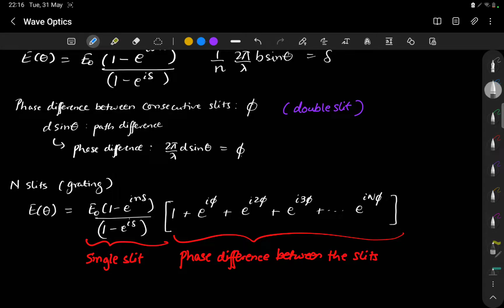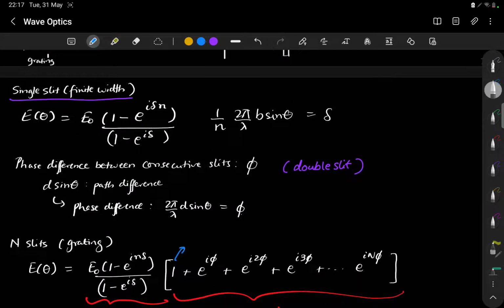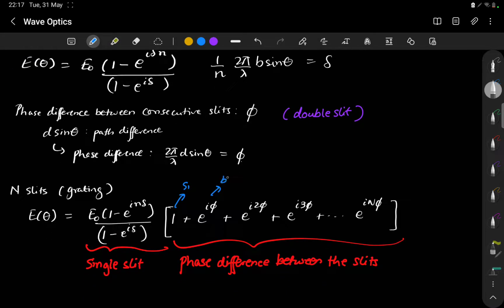So if you see this right here is from the first slit, so first slit is our S1. This is phase difference between S1 and S2. So let me just write between S1 and S2. This is between S1 and S3, and so on and so forth.